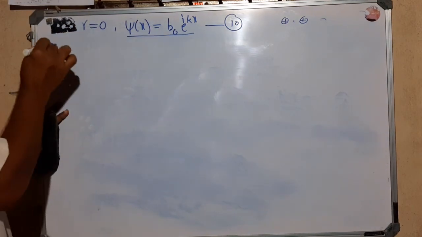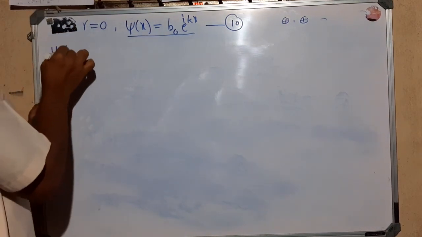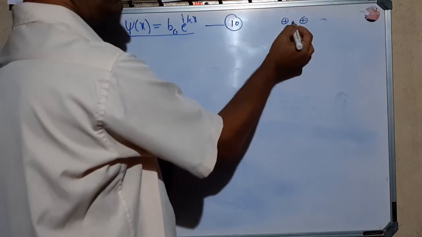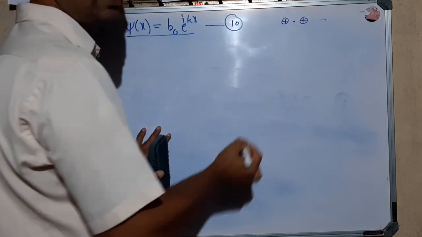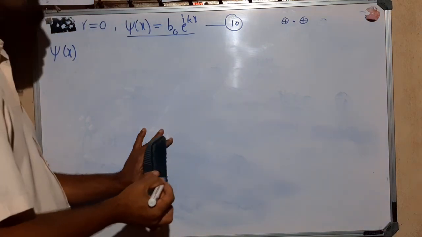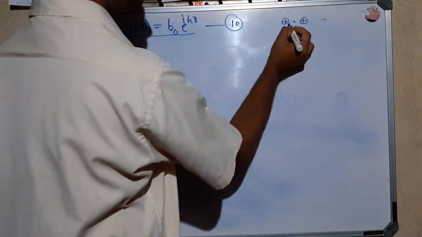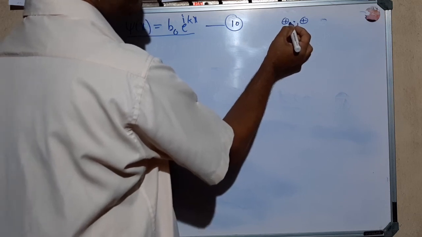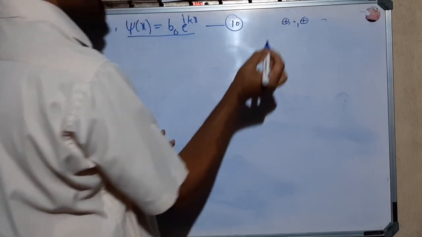Therefore, the total wave function, that means when the electron moves in the crystal potential, at some position it behaves like a perfectly free particle. In some other place, it is perturbed by the small crystal potential.